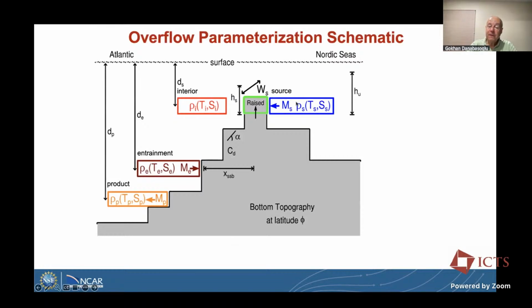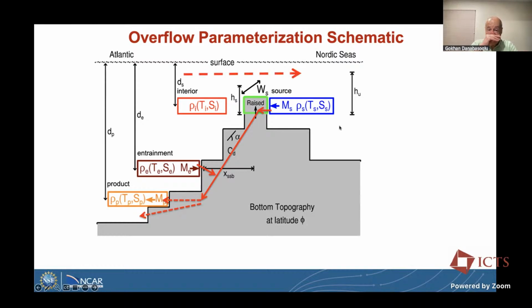We have the mass or volume flux coming into the topography area, shown by the red arrow. Then it gets piped down, but in between we use a single point entrainment parameterization to entrain the flow based on the equations that we have. Finally, the product water gets inserted back into the ocean, depending upon its density, wherever it's going to be neutral within the deep ocean.